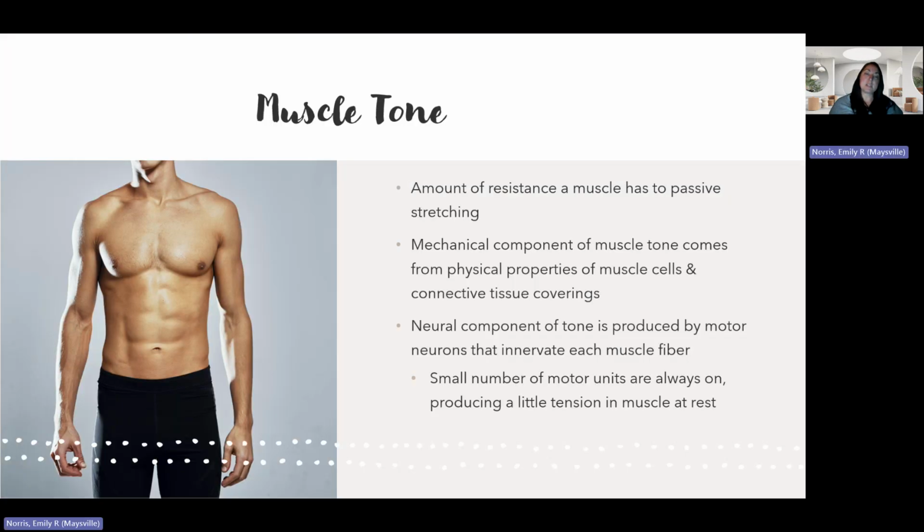All right, muscle tone. This is the amount of resistance a muscle has to passive stretching. There's a mechanical component of muscle tone, which comes from physical properties of muscle cells and connective tissue coverings. There's a neural component, which is produced by motor neurons that innervate each muscle fiber. And there's a small number of motor units that are always on, which produces a little tension in your muscles at rest.